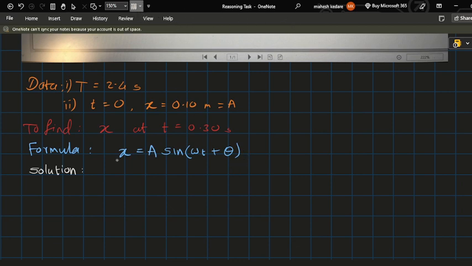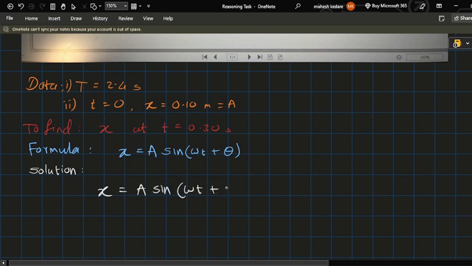We rewrite this formula: x equal to A sin(omega t plus theta). We first find theta.